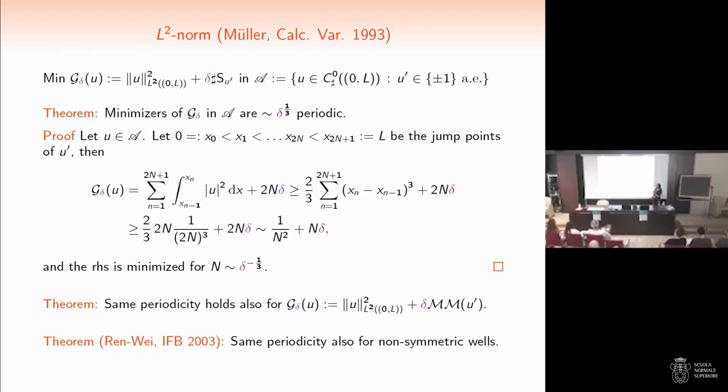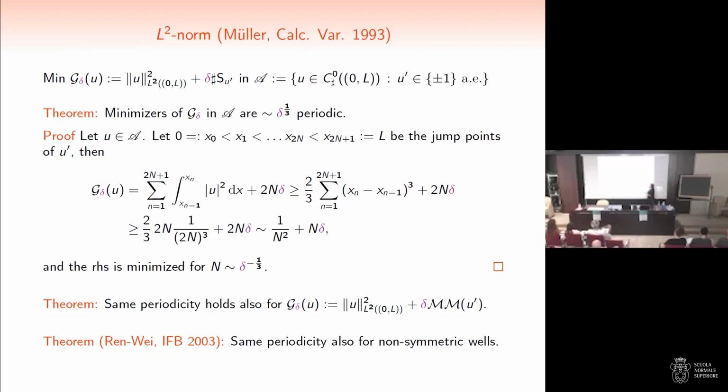By the periodicity assumption, the number of these jump points should be even. Then I can rewrite the energy as the sum of the squared L2 norms of the function u computed in an interval whose extreme points are two consecutive jump points. This is just a rewriting. And here I have the cardinality of the jump set of u prime, which is equal to 2 times n.